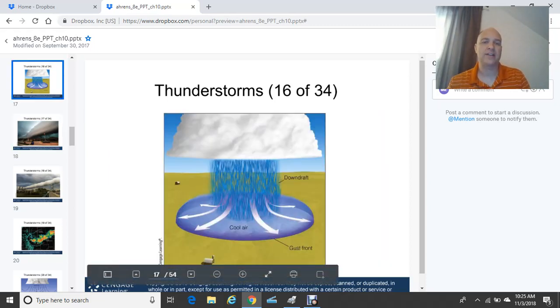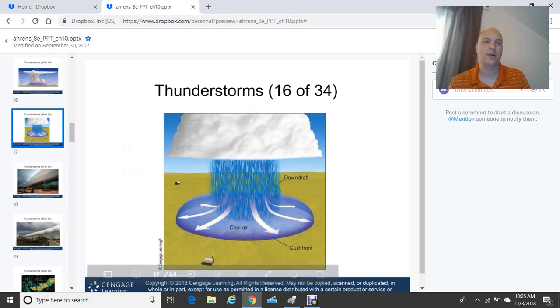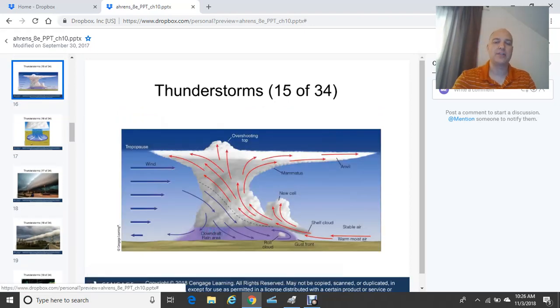Let's go back to the image. Let's go back one more. Now, I want you to pay attention to the bottom right-hand image of this thunderstorm cloud. Notice that shelf cloud. It's on the bottom right-hand portion of the diagram, and the gust front is basically directly beneath that shelf cloud.